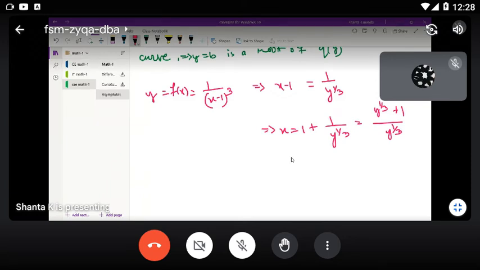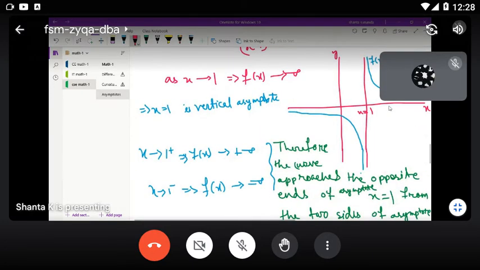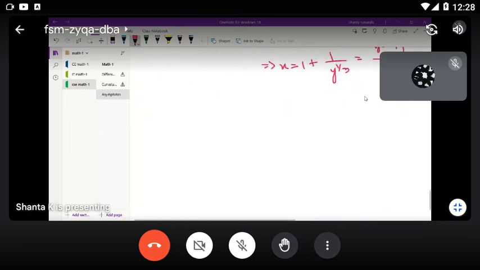And we will also say what happens. Because of the order, it is a cube, so y equals 0 will be of third order. So the curve approaches the x-axis from both sides: if the x-axis is the asymptote, from the plus side this is what happens, and from the negative side, the curve approaches opposite ends of the asymptote from two sides. The same thing is happening.